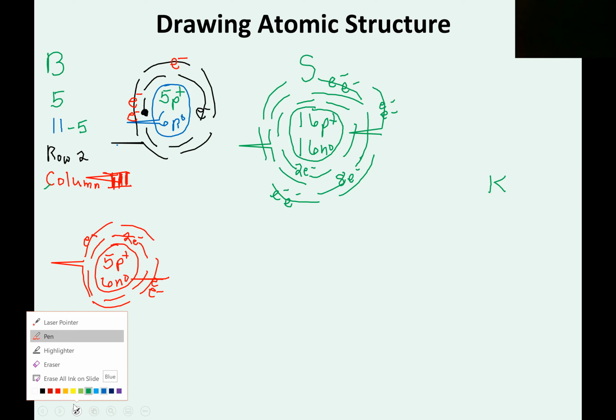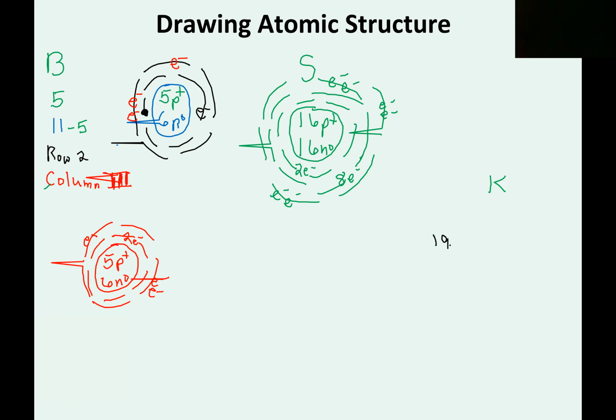Okay, so then potassium, and potassium's going to be kind of big. So 19 protons, 20 neutrons in the atom's nucleus, 4 shells.